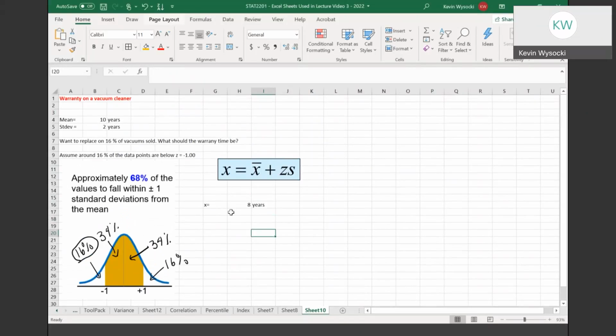So for this data, if the company only wants to replace up to 16% of the vacuums they make, they should make their warranty time 8 years. Okay? If they go any longer than that, they're going to need to replace more items than they want to.